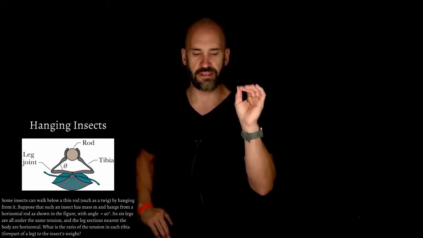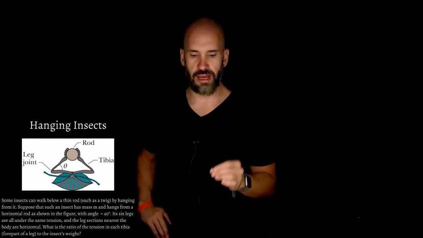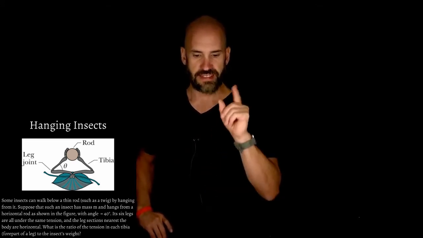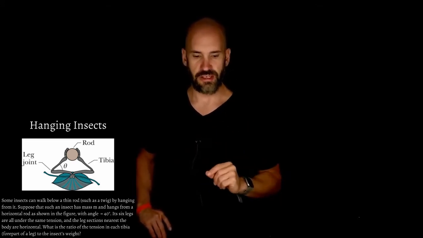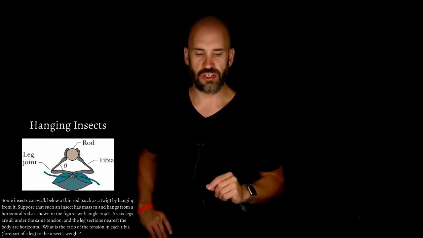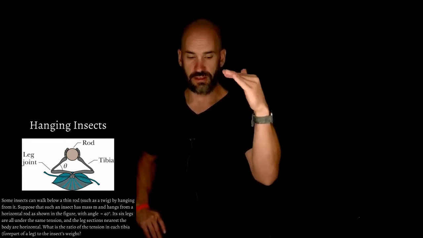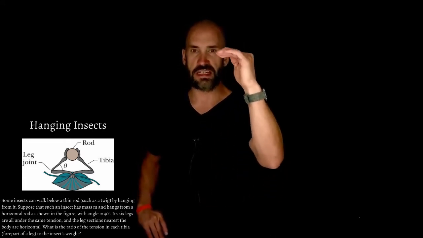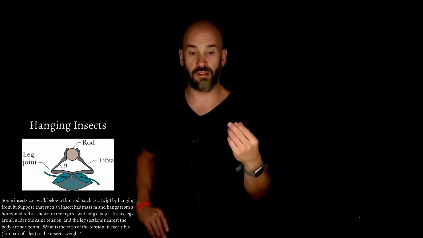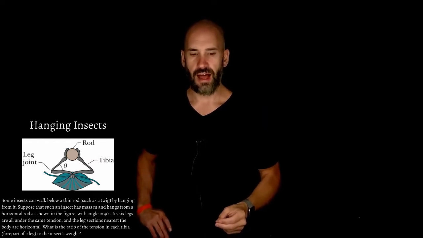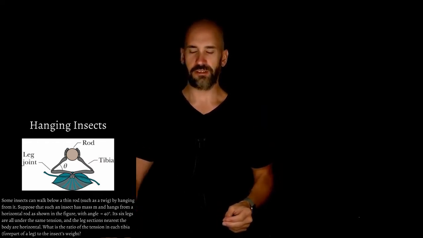Suppose that such an insect has a mass M and hangs from a horizontal rod as shown in the figure, in this little picture that I drew here, with an angle of 40 degrees. Its 6 legs are all under the same tension and the leg sections nearest the body are horizontal. What is the ratio of the tension in each tibia, meaning the legs, to the insect's whole weight? In other words, how much of the weight does each leg have to support? All right. Let's take a look at this.